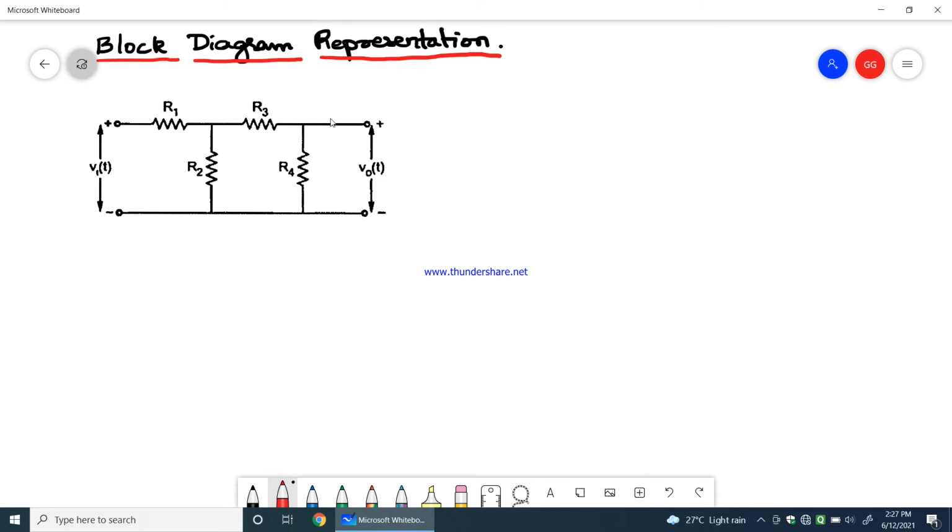So I'll write the Laplace equivalent network here. R1, R3, R2, R4 remain the same values, they don't change. Only if there is an inductor and capacitor should we bother.